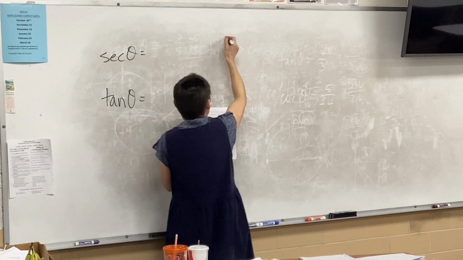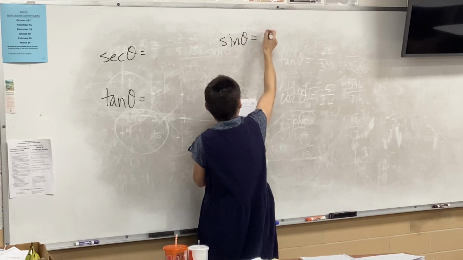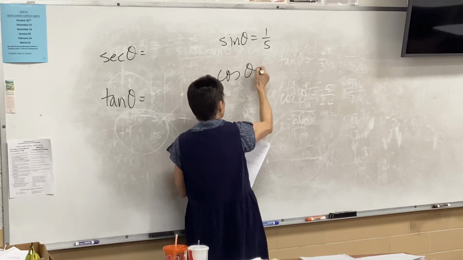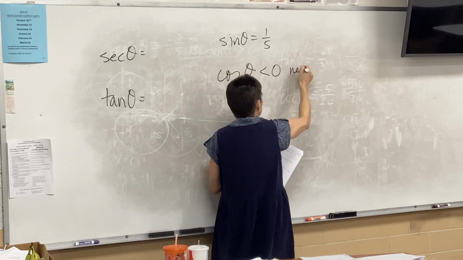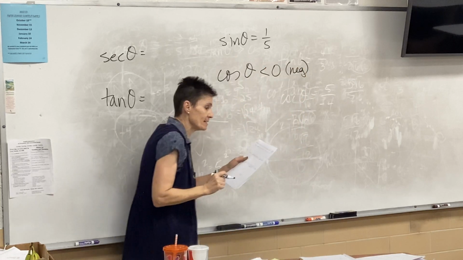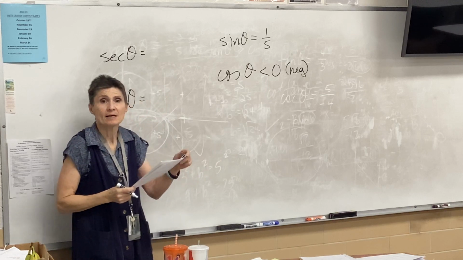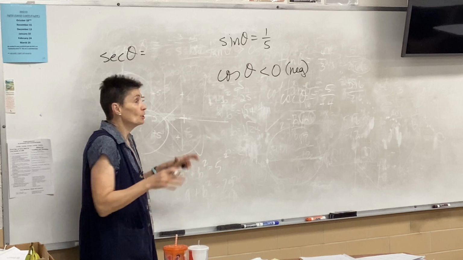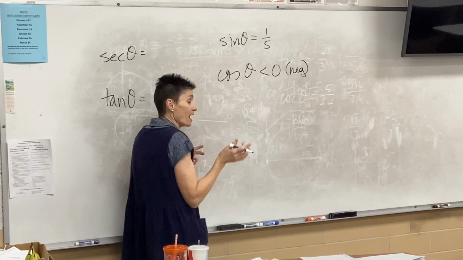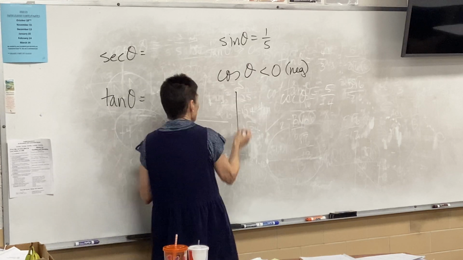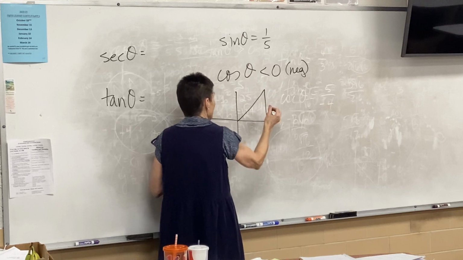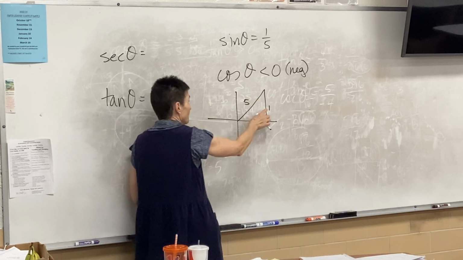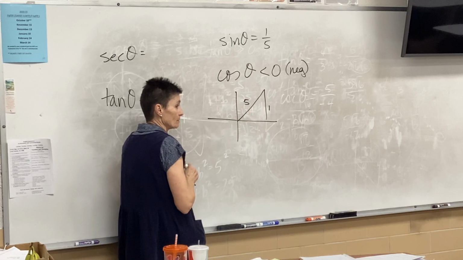The given that we have is that the sine is 1/5 and the cosine is less than 0, which means the cosine is negative. Now, up to this point, when we did a problem and we had the sine is 1/5, we would draw this picture, opposite over hypotenuse.